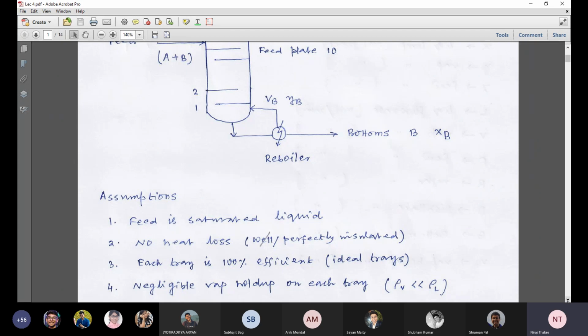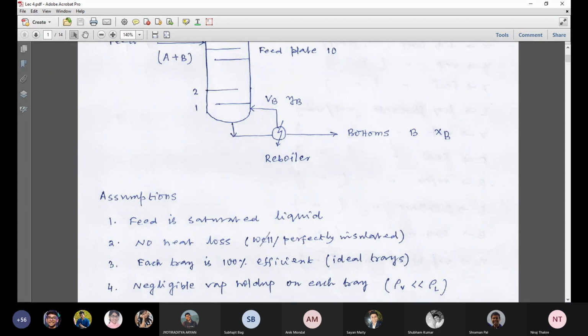The reason is written here within the bracket, you see. The density of liquid is much higher than the density of vapor. That's why it is reasonable to assume.